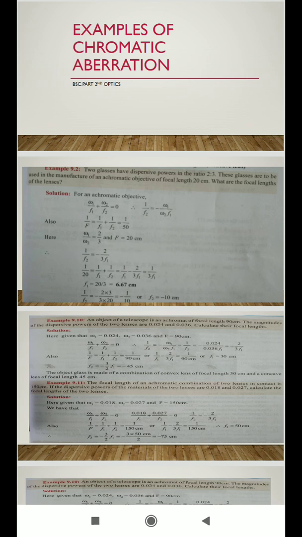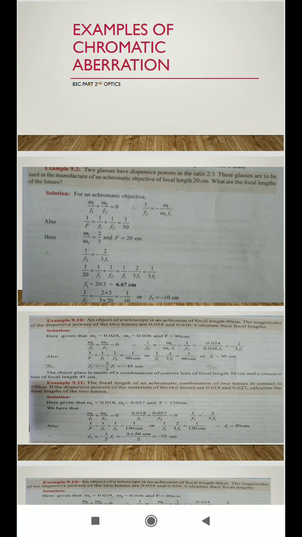Because these two lenses are in contact, and we know that in an achromatic combination the condition is omega 1 upon f1 plus omega 2 upon f2 equal to 0. So putting the given values in this equation, we get 1 upon f2 is equal to minus 2 upon 3 f1, and the same equation for the total focal length of the combination: 1 upon capital F is equal to 1 upon f1 plus 1 upon f2.